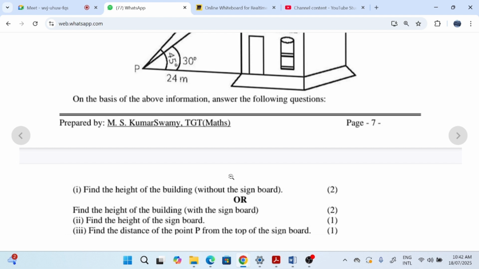Okay. Simran's answer is 24. Thank you, Simran. Simran, this is good.